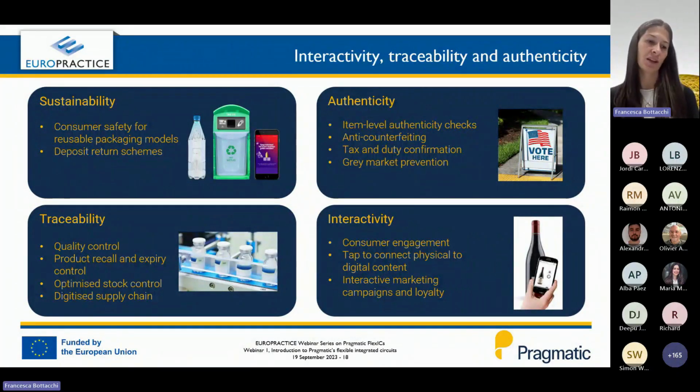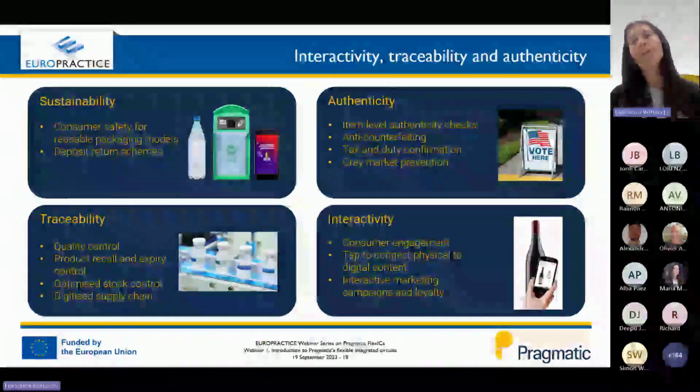And you can make sure that the correct item is disposed in the correct bin, and the bin opens only if it detects the correct signal from the correct item. And in this way, of course, you can increase correct recyclability of the item. You can implement deposit return scheme where now you get a reward if you dispose correctly of your item. And this is something that we're also working with local councils, for example.